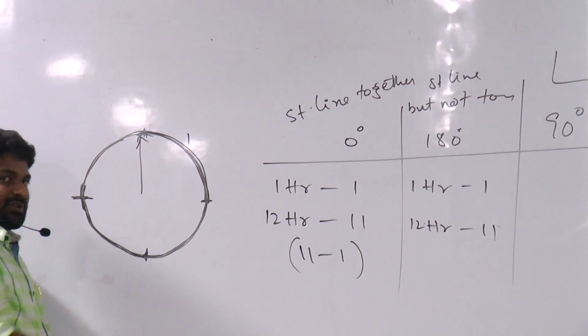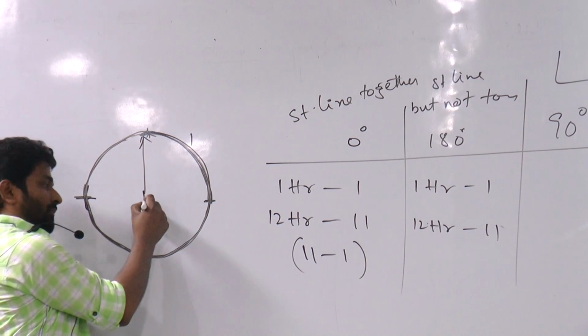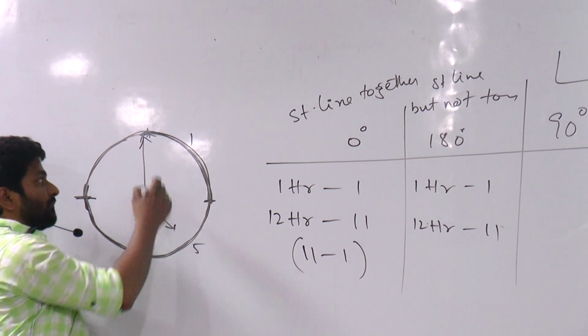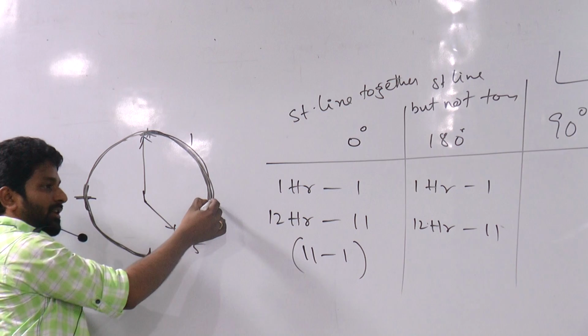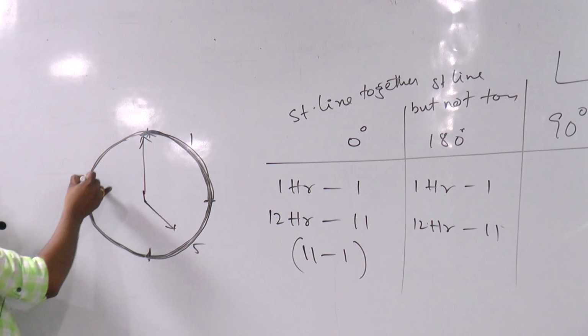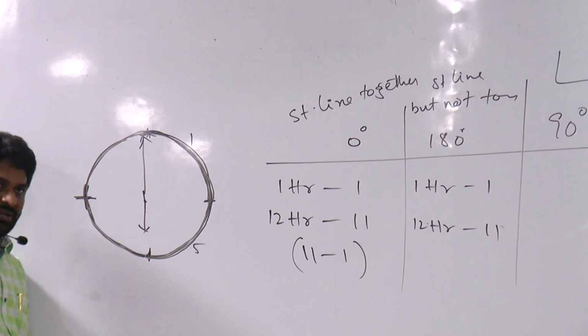Missing time between 5 to 7. Now the time is 5 o'clock. 5:15, 5:30, 5:45, 6 o'clock. At 6 o'clock, both the hands will show position like this.